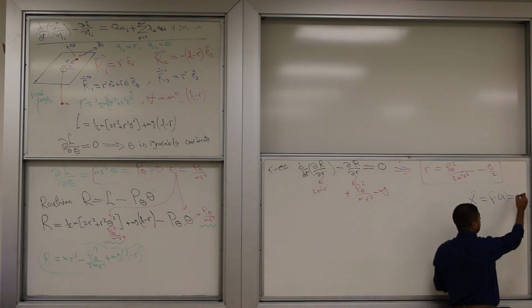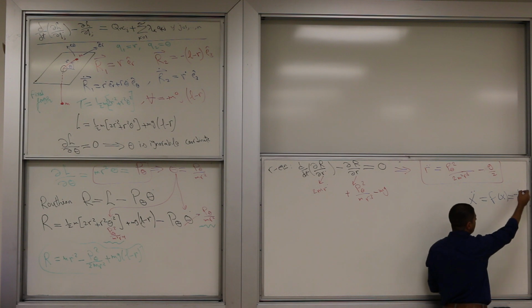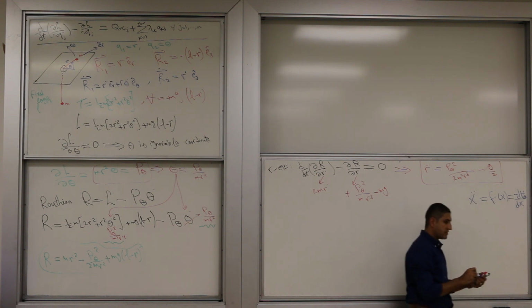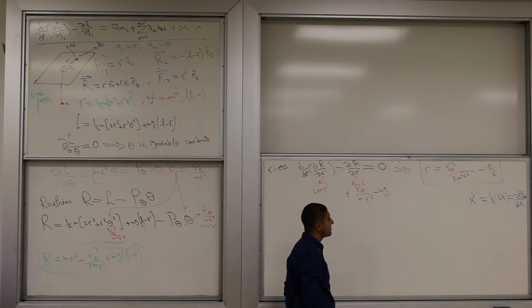So I will define this as negative, this is the force, right? Negative dV by dx. But I will call this the effective potential because it's not the actual potential.